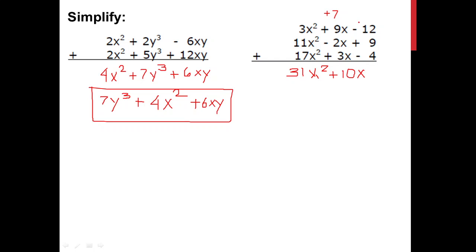Next, again, we have unlike signs here. Let's process this one by one. Negative 12 and positive 9. 12 is bigger than 9 and the sign of 12 is negative, so our partial result would give us a negative answer. So 12 minus 9 is 3.